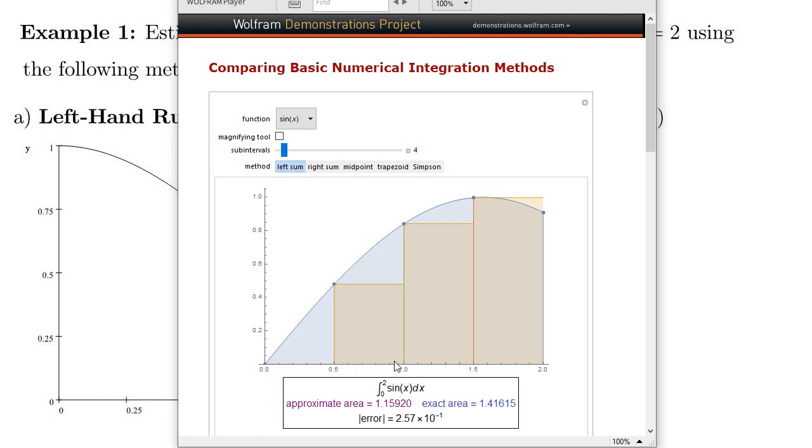And then we know the base is 1/2, so we can estimate the area of that. And then the base here again is 1/2. We take 1, plug it into the sine function. So the height of this rectangle here is sine of 1. And we could approximate that graphically or put it in the function to get a more precise value. But that looks like about 0.86 or 0.87.